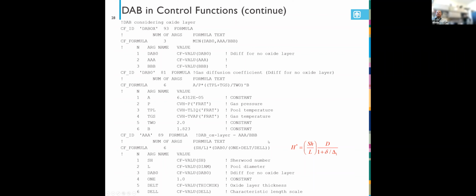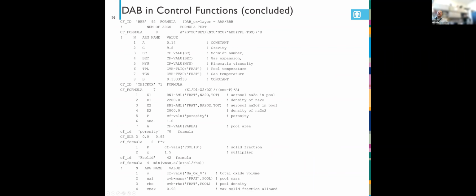So all this is going to contribute to that, and then additional control functions were added, especially because we need the oxide layer thickness, as it's important for the equations. So showing here is a function of the mass of peroxide and monoxide, and also the porosity.